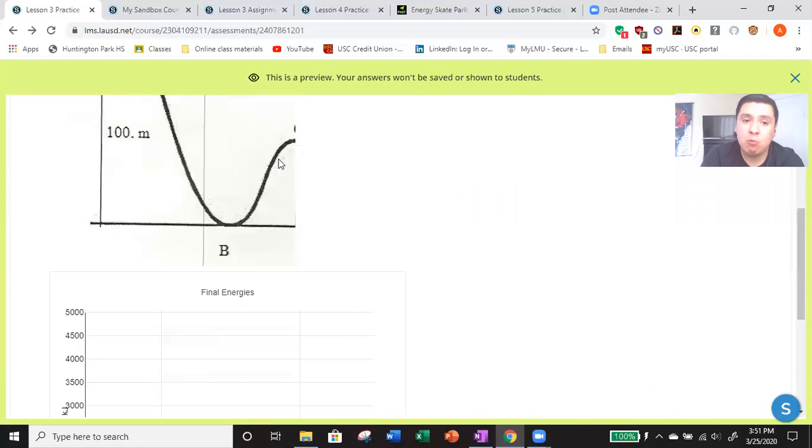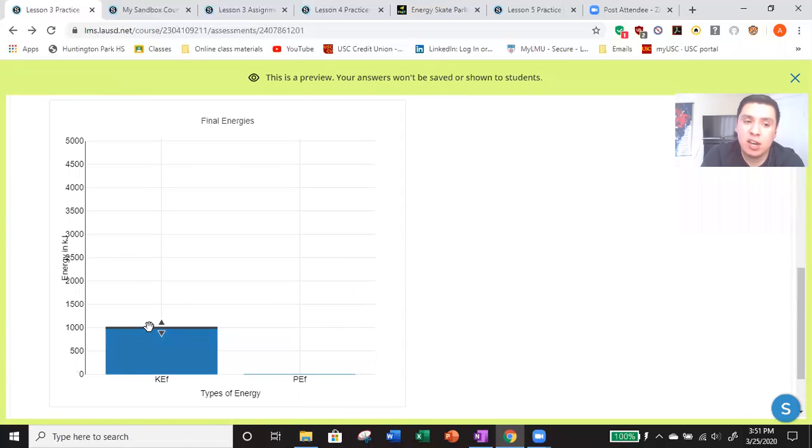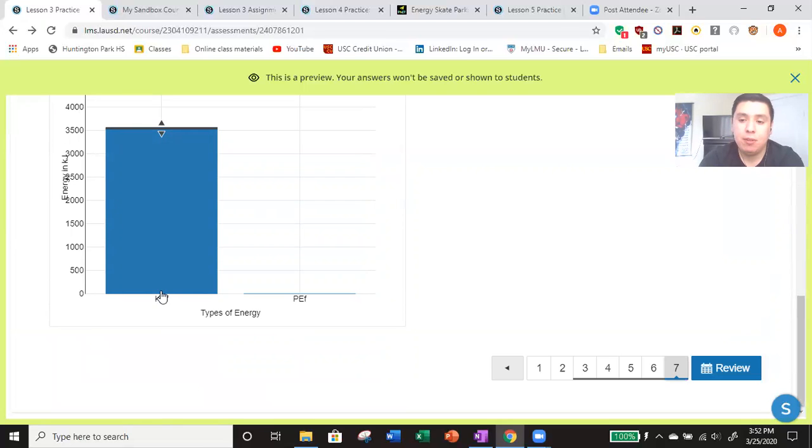And since there's only 3,500 kilojoules and energy is conserved, this kinetic energy needs to go here. Remember, the potential energy was converted completely into kinetic energy. Whatever the total energy is at first is the same total energy at the end, no matter what. And since we only have kinetic energy here, that has to be 3,500.